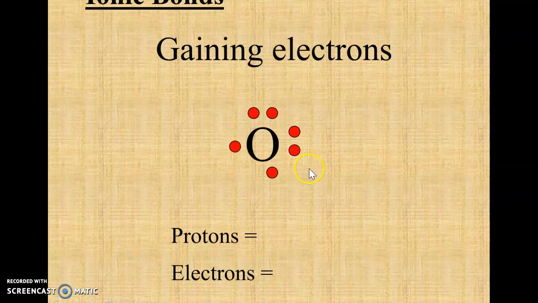That's an oxygen atom. But if we want to gain electrons to make it a full outer shell, you have 8 protons and then 10 electrons. So that's going to be negative 2, or a negative ion, an anion for oxygen.